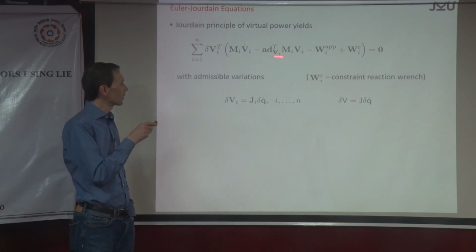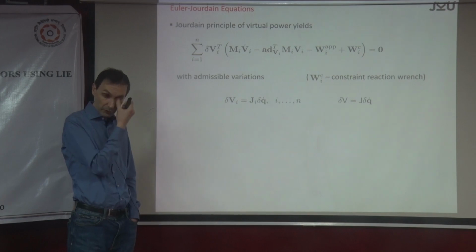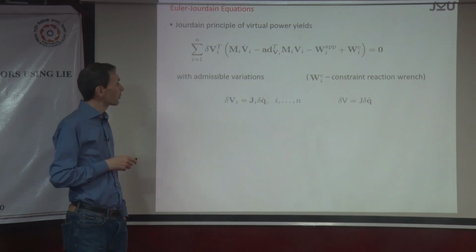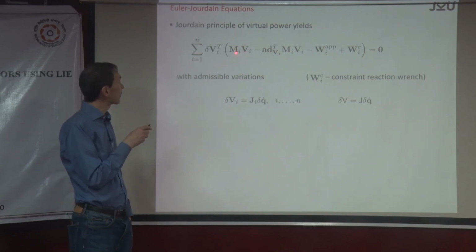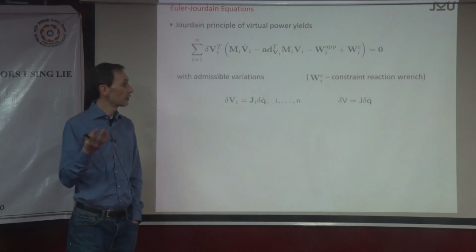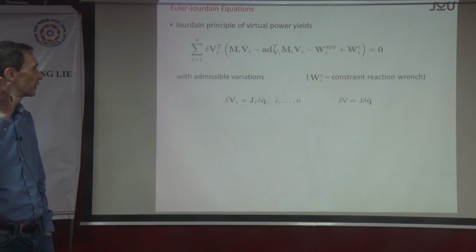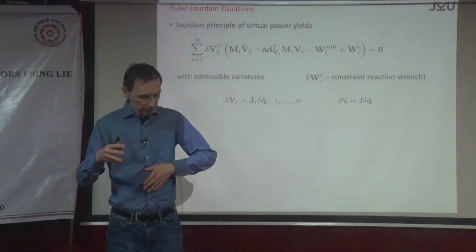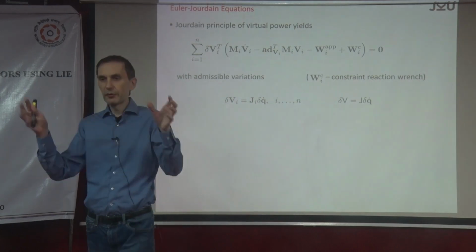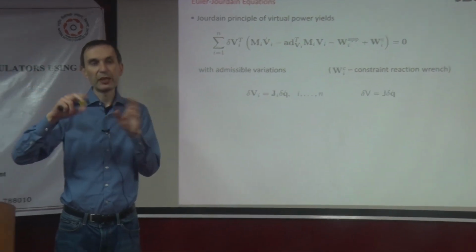So what is the total power of our system? Again, we have n bodies in our system, okay? As before, we have a kinematic chain, and we have n links, and they are connected by n joints.